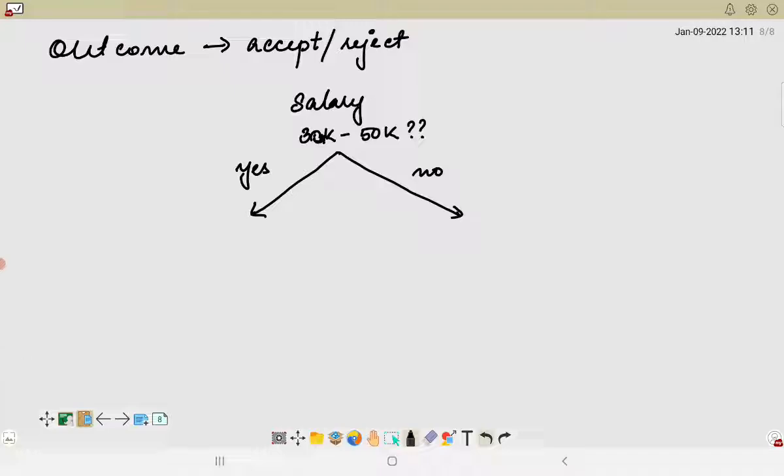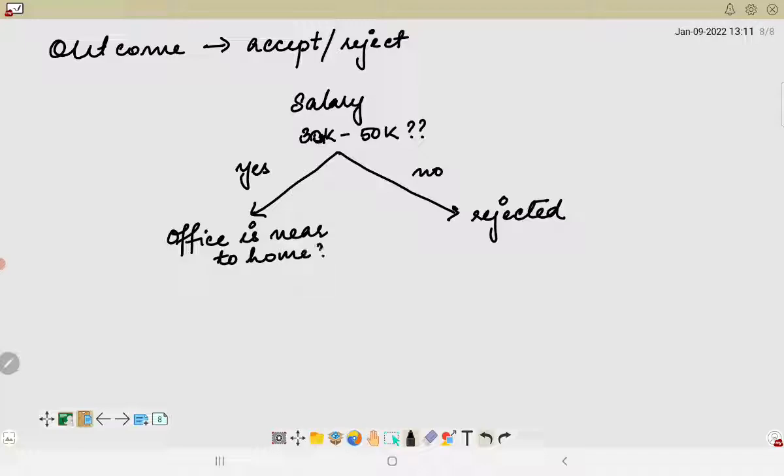Okay, so let us take the first condition first, that if the salary is not between 30k to 50k, then the offer would be rejected. And if the salary is between 30k to 50k, then we will go ahead with the next decision, where I might have an option: is the office near to home.